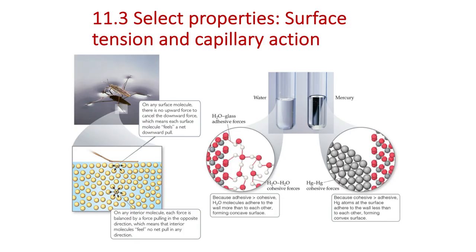If we look at a bug on water, it's able to sit on water because it's not breaking the forces of attraction between water molecules. There is a force attracting the water molecules, and you have to apply something that breaks that force. The surface tension is the energy it takes to break that surface of water.